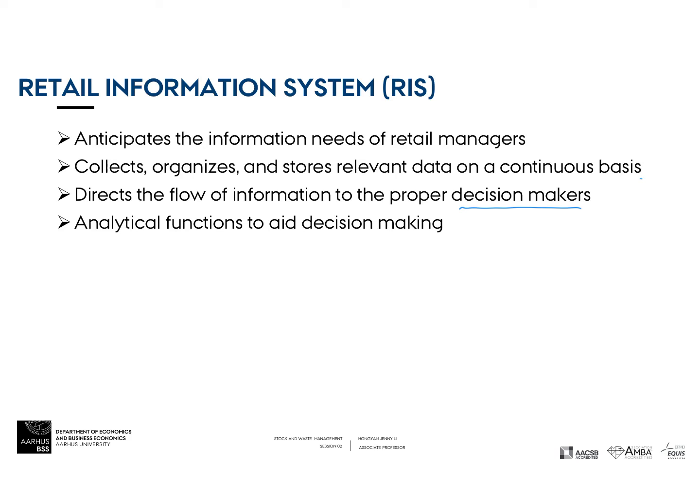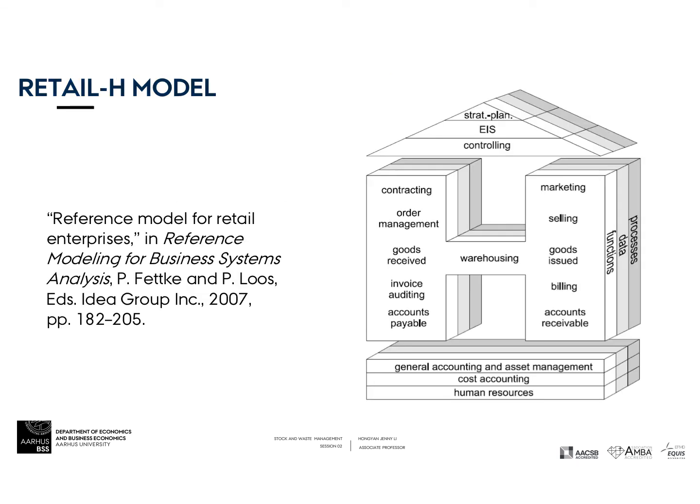Analytical functions aid decision making. Hopefully, this will also be explored profoundly. Here is a conceptual framework of a retailer information system. It's called the H model, the retailer H model. On this framework, you can see there are different types of data involved that should be collected, organized, and utilized.